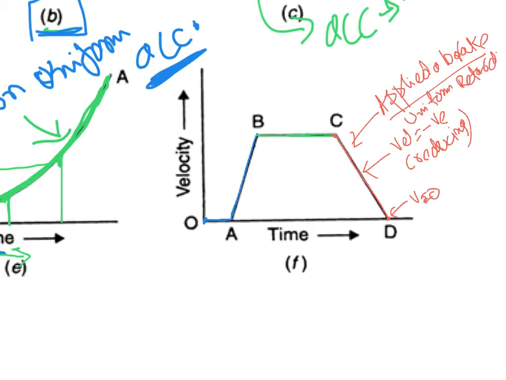From B to C, my velocity is constant. No acceleration, no retardation. Whatever velocity I have reached here, maybe this is my 20 meter per second point, or maybe my 10 meter per second point.